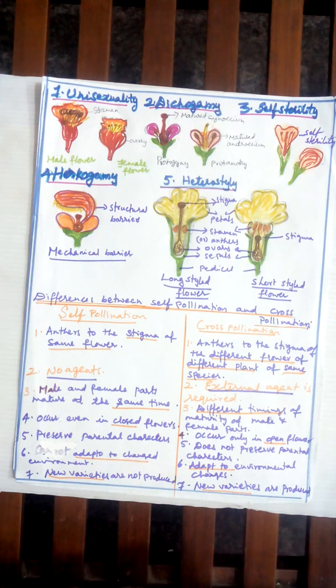Now in autogamy, an external agency is not required. Got it? In self-pollination, we don't require any agent of pollination. Whereas in cross-pollination, we require external agents like water, wind, insects. It is always required, children. Without an agent, pollination cannot take place.